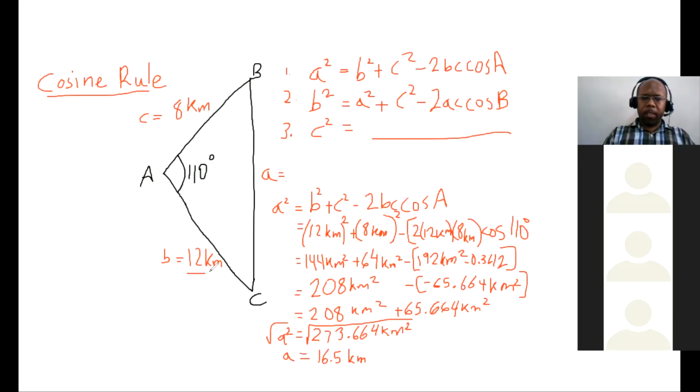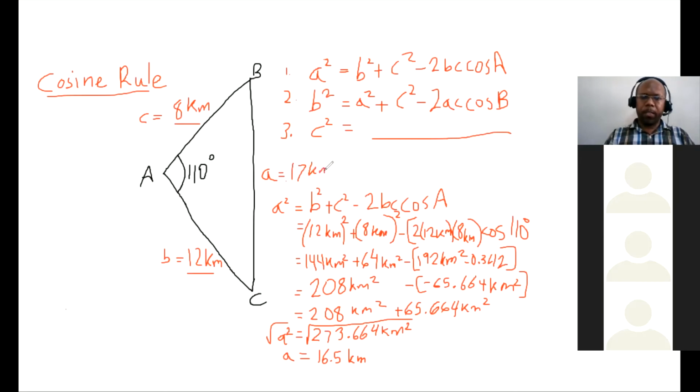Well, if I look at these, I don't see any decimal in them. So I'm going to round to the nearest kilometer. What's the nearest kilometer? 17. So my answer here will be 17 km.